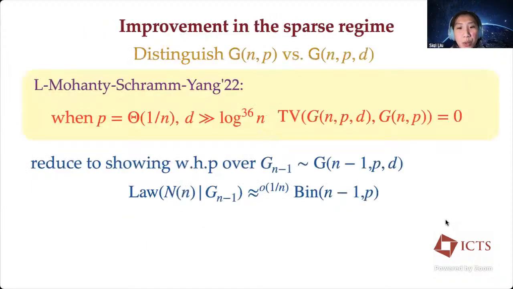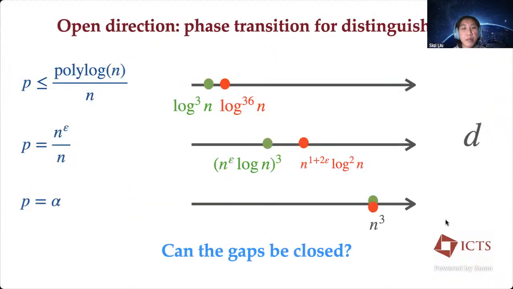But yeah, so I want to summarize what's already known about this model. So far, what's known is for different density regimes of p: polylog average degree, polynomial average degree, and order n average degree.